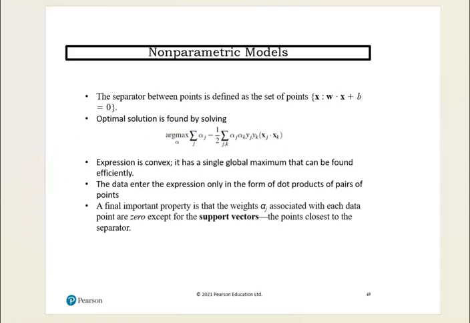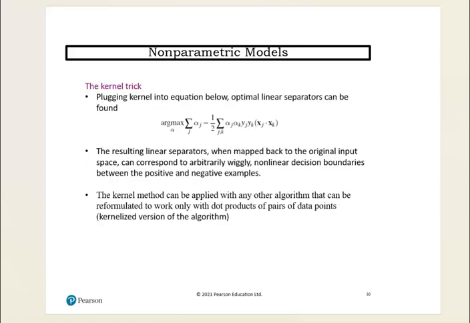Now, what happens if the examples are not linearly separable? So that's where the kernel trick comes in. Okay, so we design a kernel such that we're able to map the entire problem into a new space where this optimal linear separation can be found.